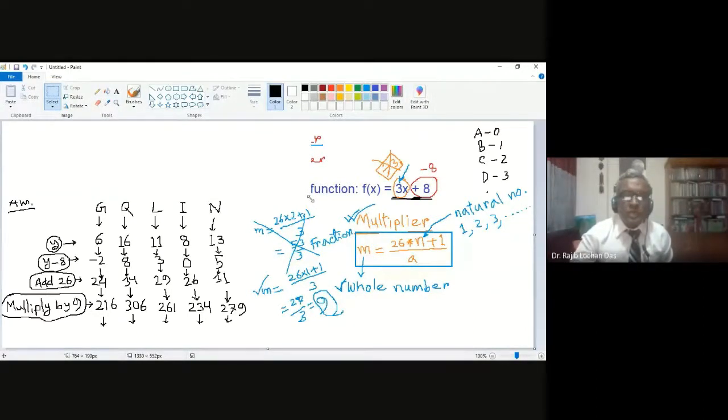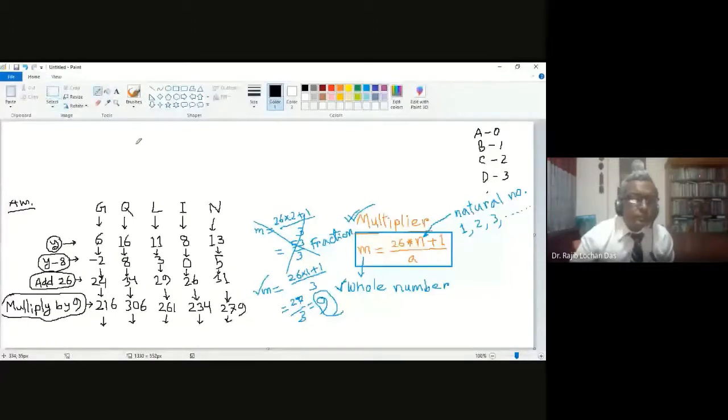So you do the mod 26 for every number: 216, 306, 261, 234, 279. So what is mod 26? Have you calculated?